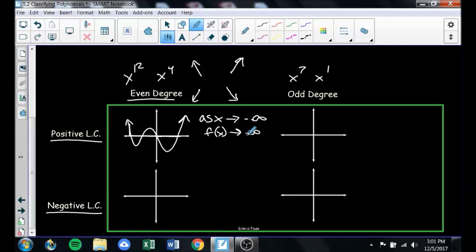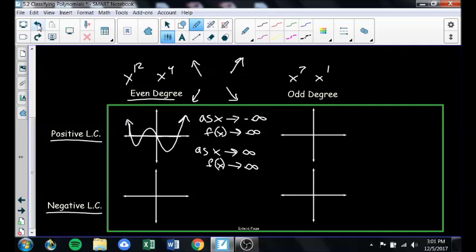This arrow means approaches. This really means as the x value goes left, the y value goes up. And as x approaches infinity, as x goes to the right, the y value also goes up towards infinity. Because again, we're talking about this part here and this part here.